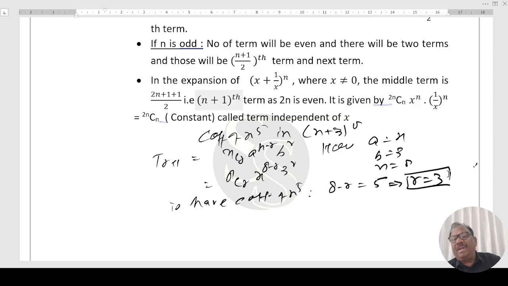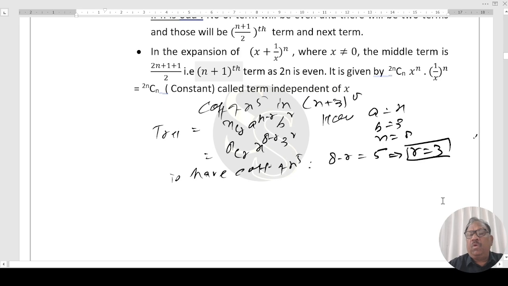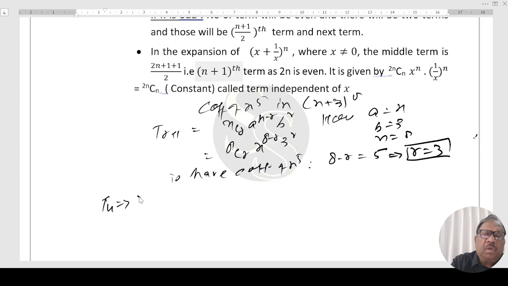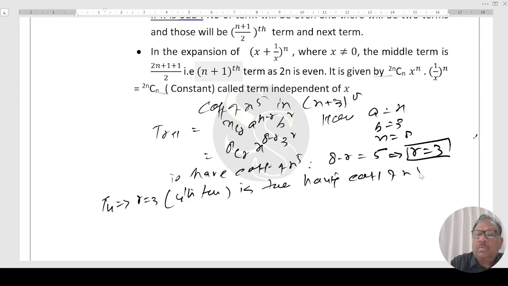If it comes out to be negative or a fraction, that term does not exist. If it is a positive integral value, then in this case T4, that is r equal to 3, the fourth term, is the one having the coefficient of x to the power 5. And that will be equal to 8C3 into 3 to the power 3 into x to the power 5.